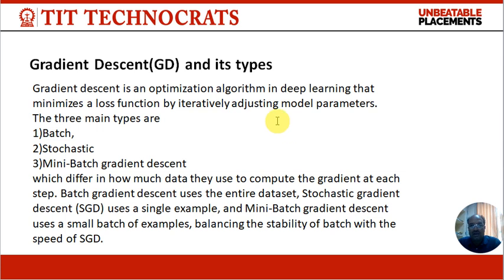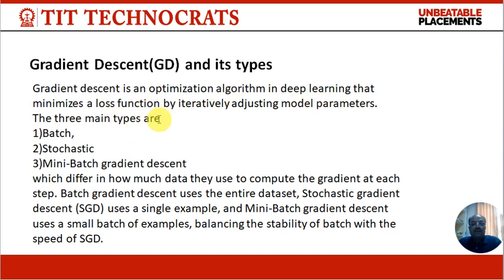It is like a driver that drives our model toward better performance. So gradient descent is an optimization algorithm in deep learning that minimizes the loss function by iteratively adjusting model parameters.